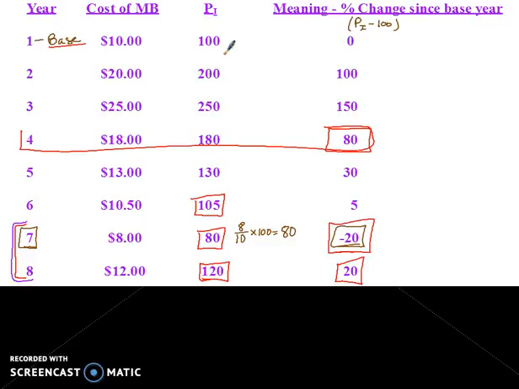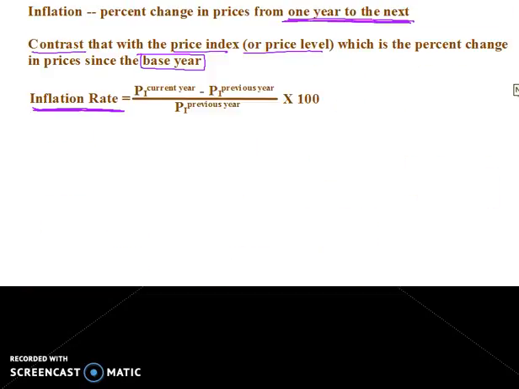Now let's calculate the rate of inflation from year 7 to year 8. We're going to need the price index from year 7, which is 80, and the price index from year 8, which is 120. All right, let's go back to the formula.